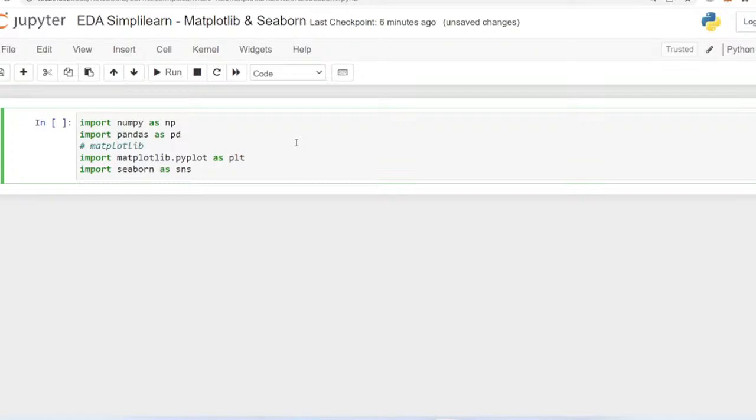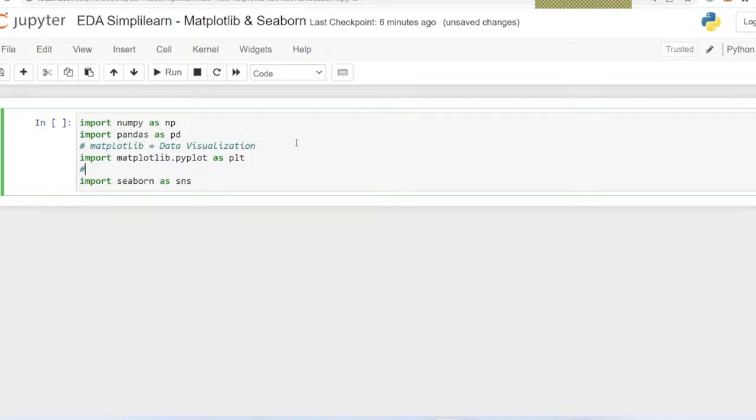Matplotlib library. This is particularly my data visualization library. One of the important libraries here, data visualization. Similarly, we have got seaborn. This is for complex plots. Descriptive plots, which show the description of the data.